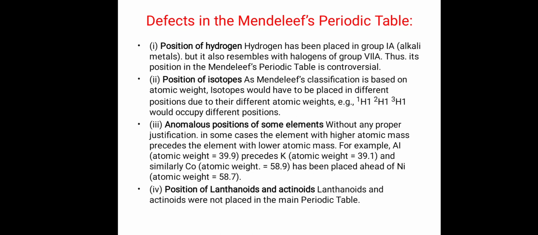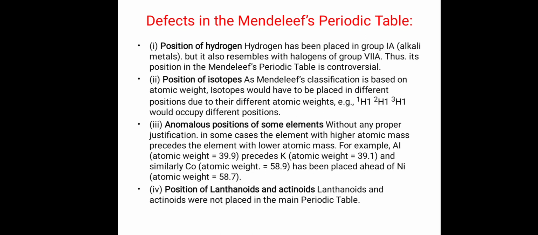The third one is the anomalous position of some elements. Without any proper justification, in some cases the elements with higher atomic masses precede the elements with lower atomic masses.